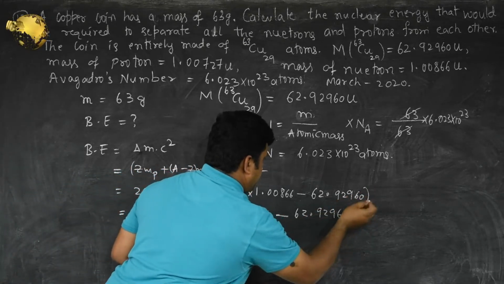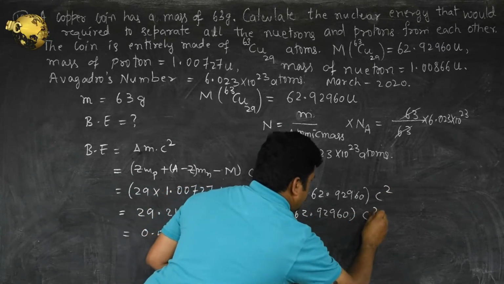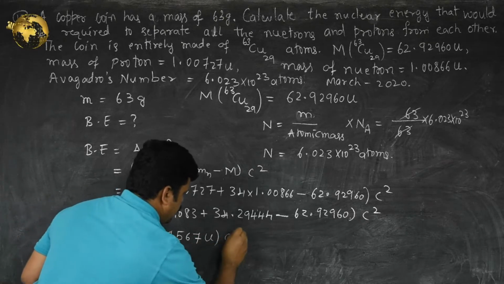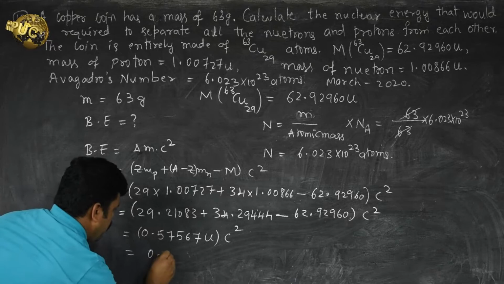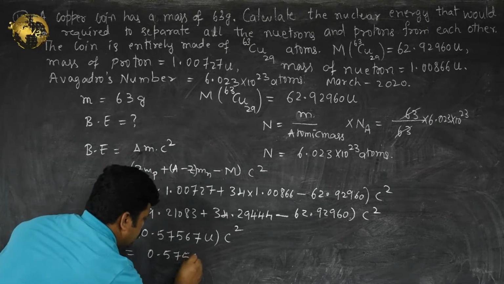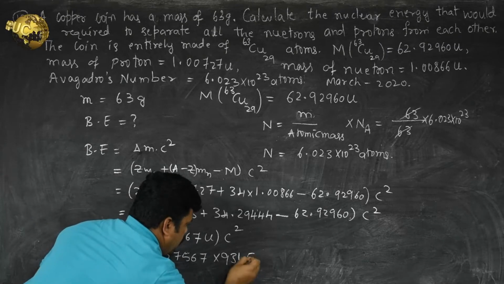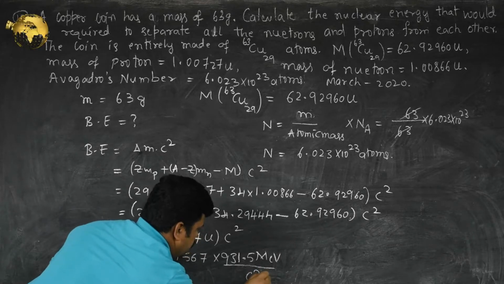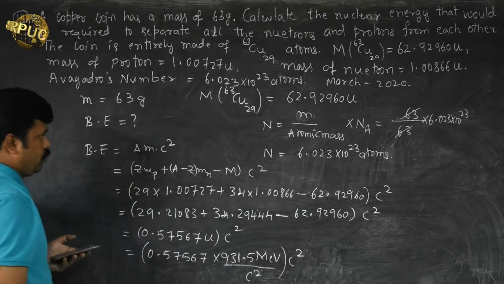Of course, we have c squared. So 0.57567 into 931.5 mega electron volt divided by c squared, multiplied by c squared.